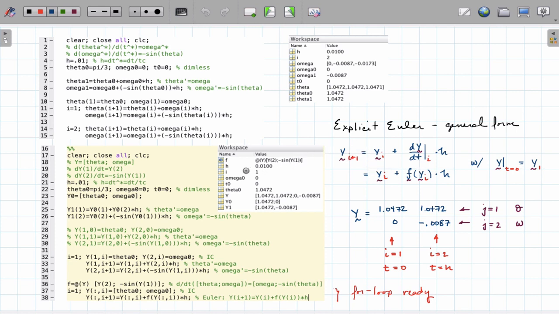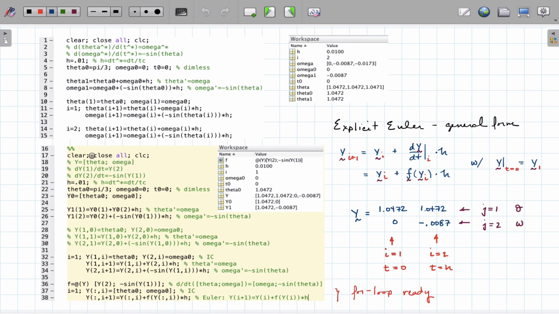So to make this transition, we really have to do this incrementally, slowly. And the first thing to note is that we're going to have indices here that really refer not to the time stepping. So y here is going to be, in general, a solution vector. The first row is theta and the second is omega. And that's the first step.